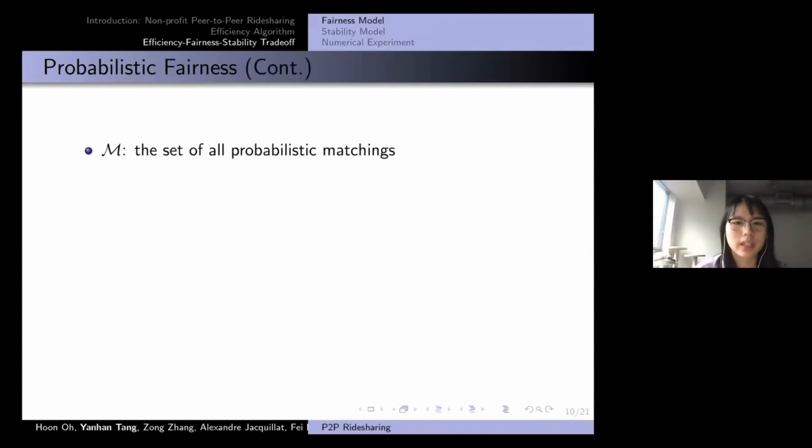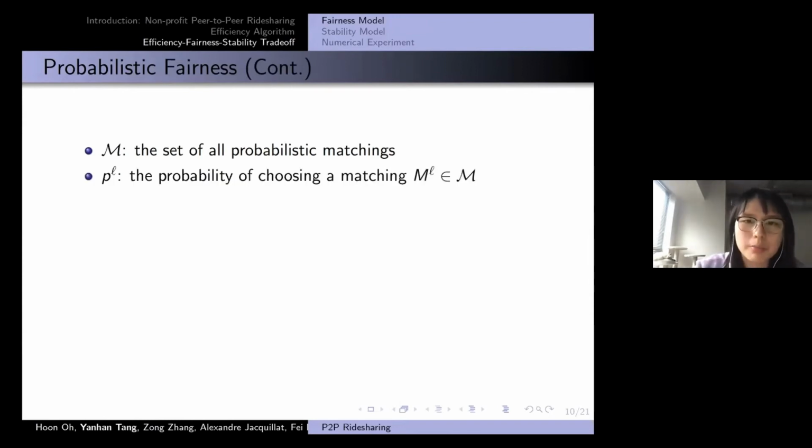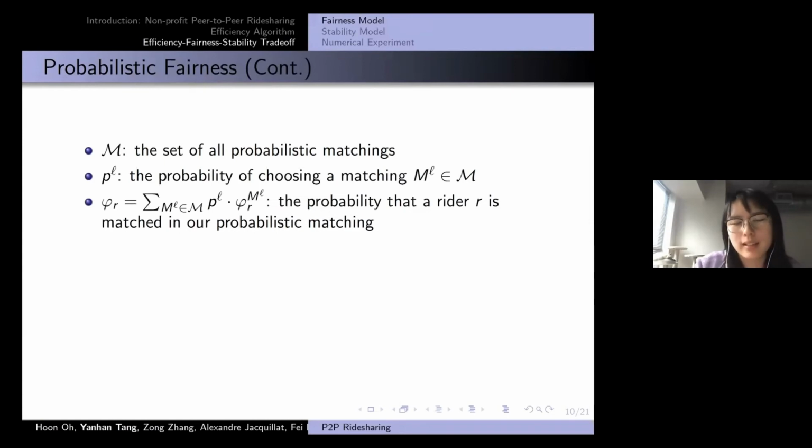To do this, we consider a set of probabilistic matchings and the probability of choosing one matching. And we define phi R as the probability that a rider R is matched in our probabilistic matching.